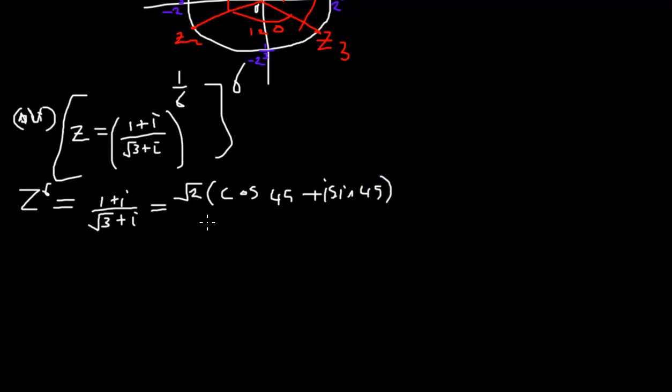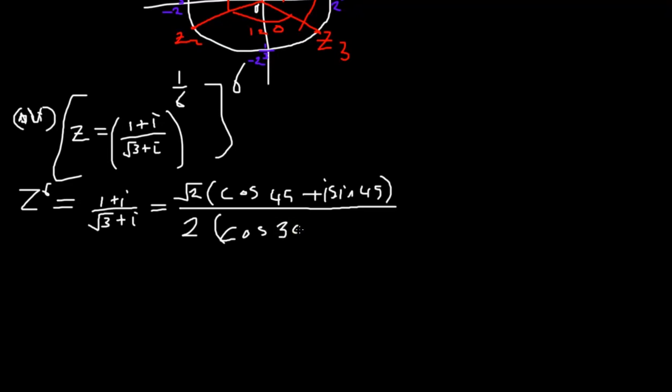Then everything over this one, you convert this one as well. So when you convert this one, you find the magnitude, which is going to be 2. And then when the magnitude is 2, you open the brackets like that. They are going to have cos. The argument of course is going to be 30.